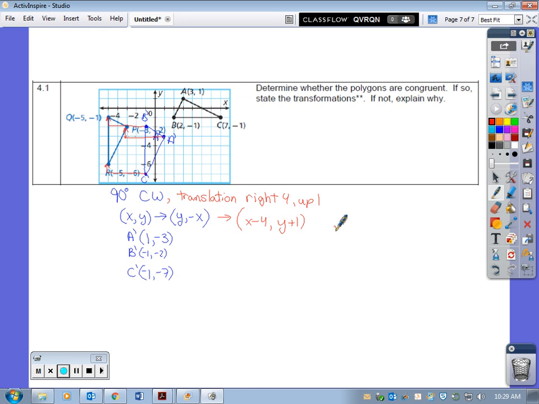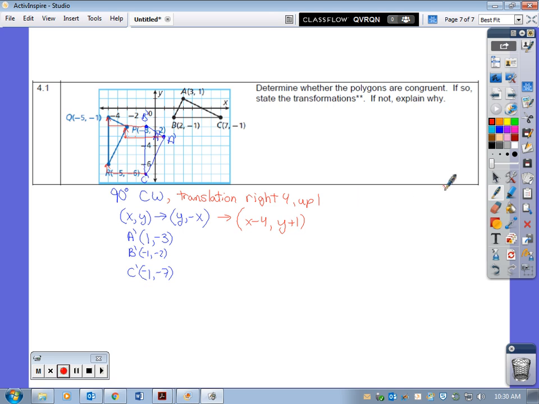Okay, so those are the two transformations that create this new figure. Now looking at this new figure, there was no dilation. Okay, it was just two rigid transformations.